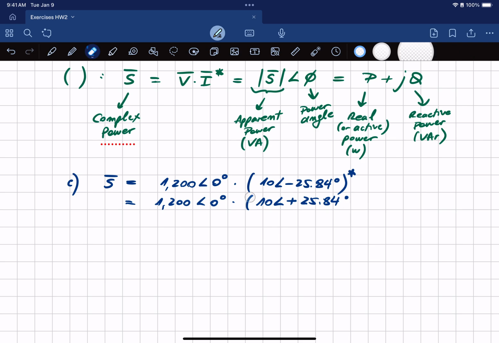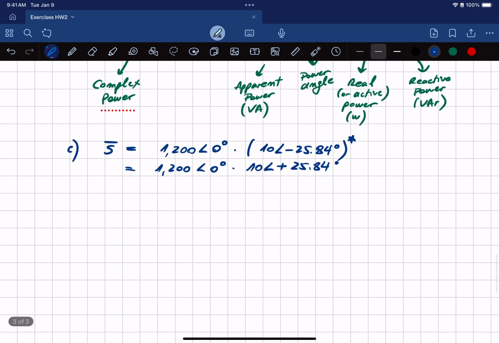So that would be it. And now we need to calculate this. You should already be familiar with these calculations on your calculator, so you should get the same values that I got here.